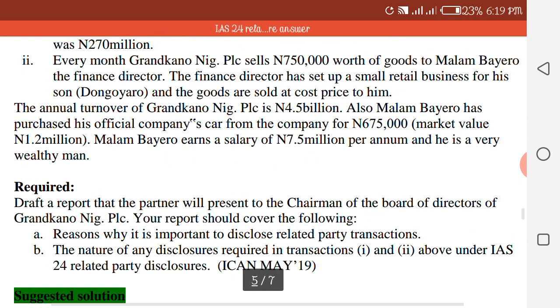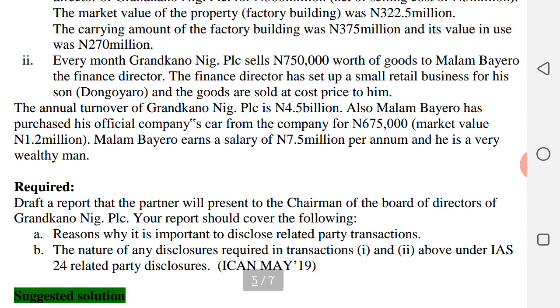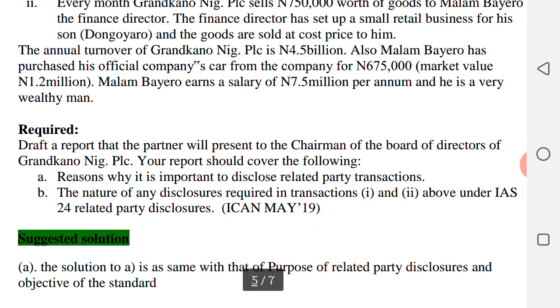We are told that the company also sold a car to the managing director at 375,000, and the market value is 1.2 million. That car sold to the Grand Carlo is also insignificant. 1.2 million to the revenue of the company is very insignificant.